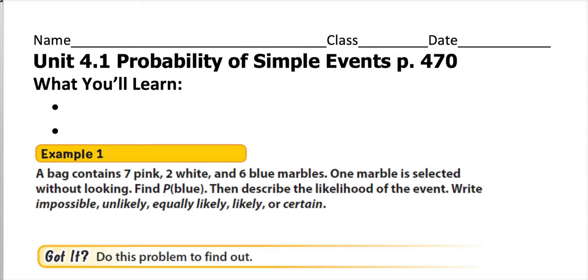And let's take a look at the two objectives for today. We're going to find the probability of simple events, and we're going to find the probability of the complement of an event. Okay, so find the probability of simple events.